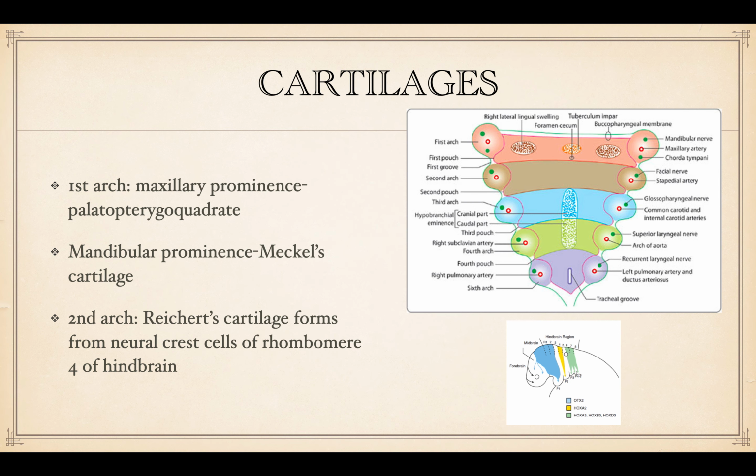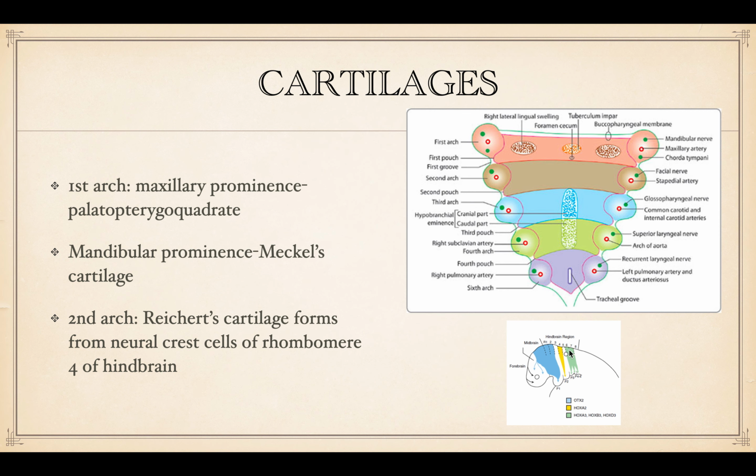Okay, so the first arch is made out of the maxillary prominence, and that will make the palatopterygoquadrate, and eventually it will create the mandibular prominence. It's also made of Meckel's cartilage. Then the second arch, Reichert's cartilage, will form from the neural crest cells of rhombomere 4 of the hindbrain.